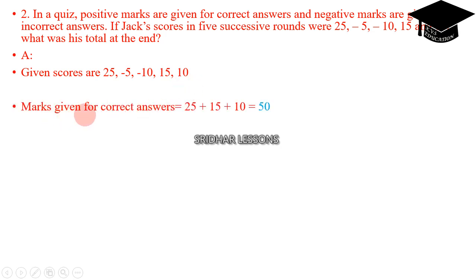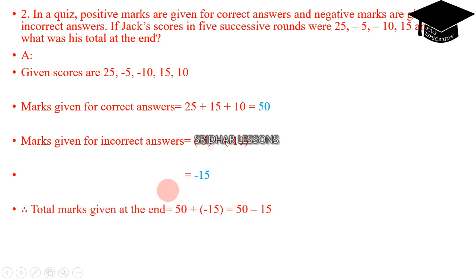The marks for correct answers is equal to 25 plus 15 plus 10. We have added all the positive numbers, 25 plus 15 plus 10, which is equal to 50. The marks given for incorrect answers, -5 plus -10, that means -5 and -10, which is the value -15.